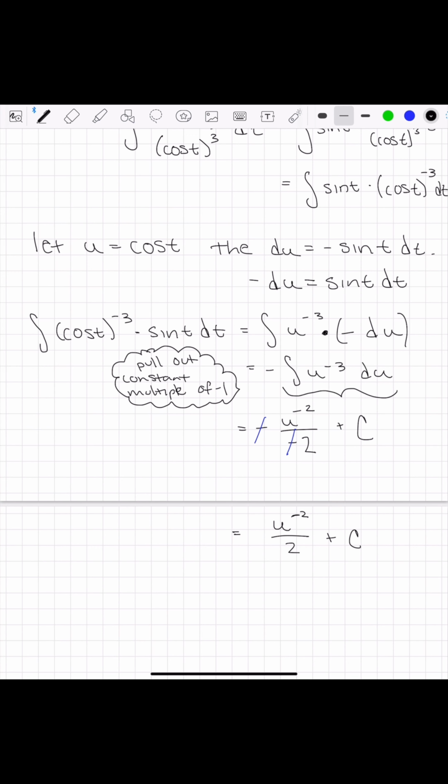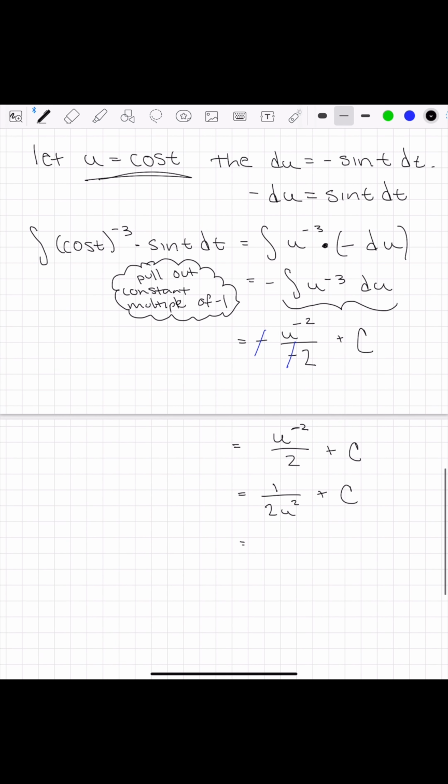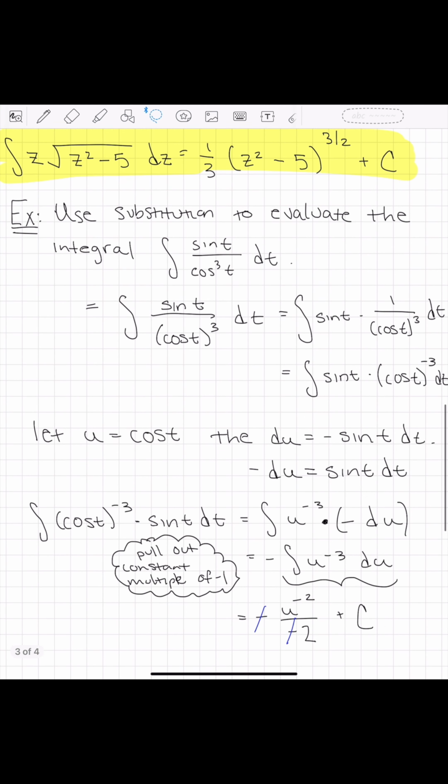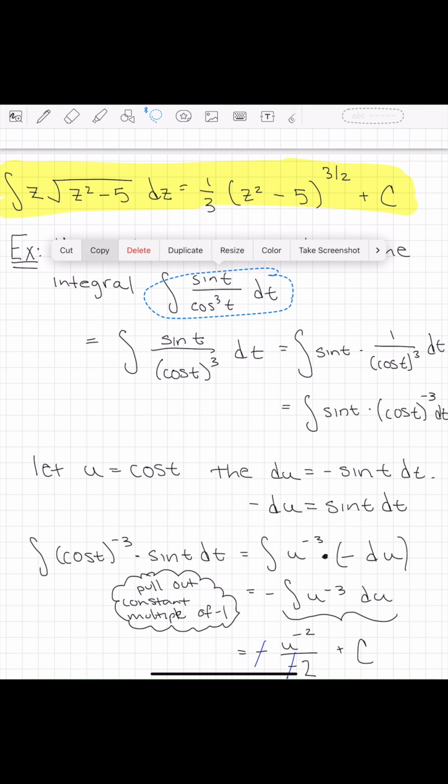And remember, we can get rid of negative exponents by bringing them down to the denominator. So this is really 1 over 2u squared, since bringing the u to the negative 2 down makes it a positive 2 exponent. Now I can plug back in my u, which was cosine, so this becomes 1 over 2 cosine squared of t plus c. So that is the answer for this integral.